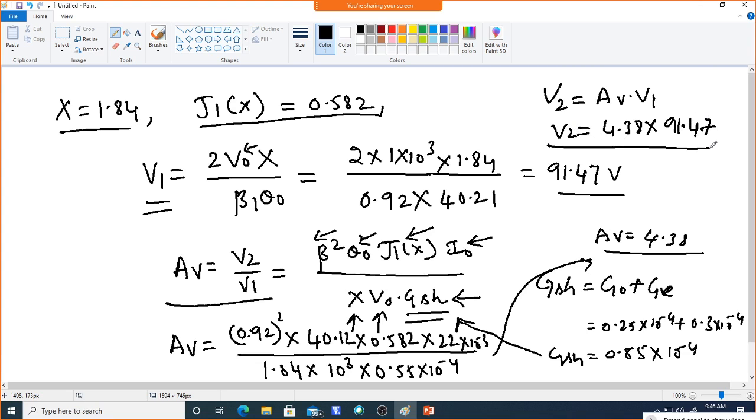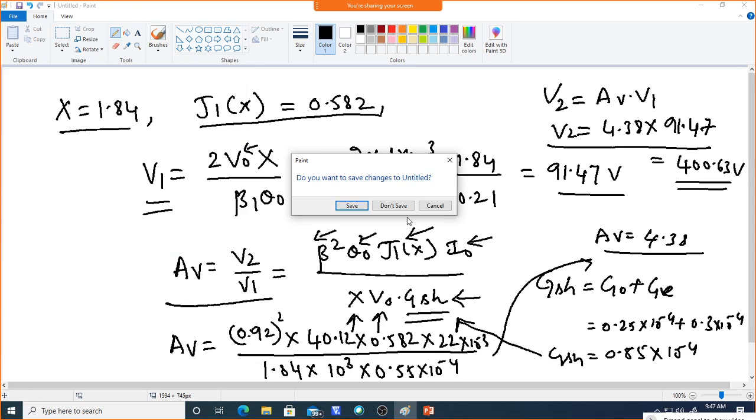So this is V2. How much is the output voltage V2? 400.63. Okay, so this is the V2 voltage.